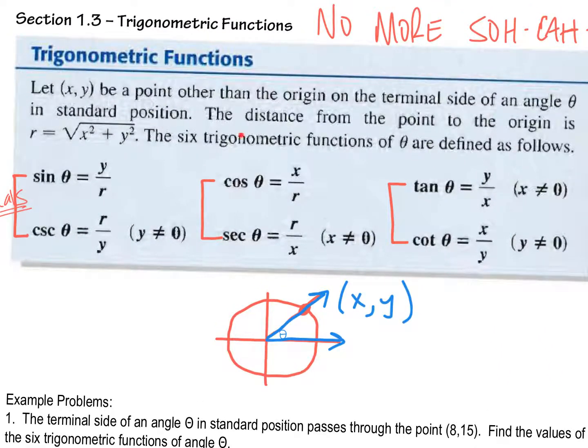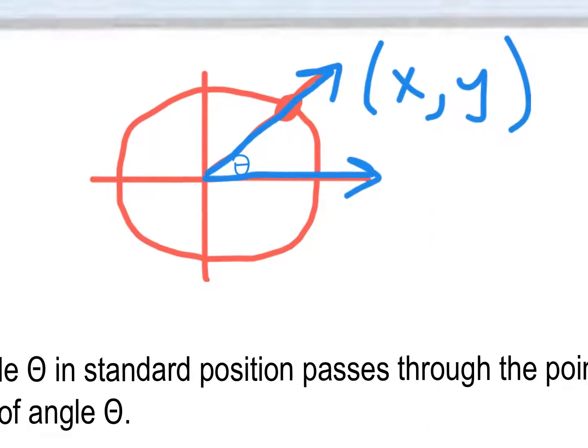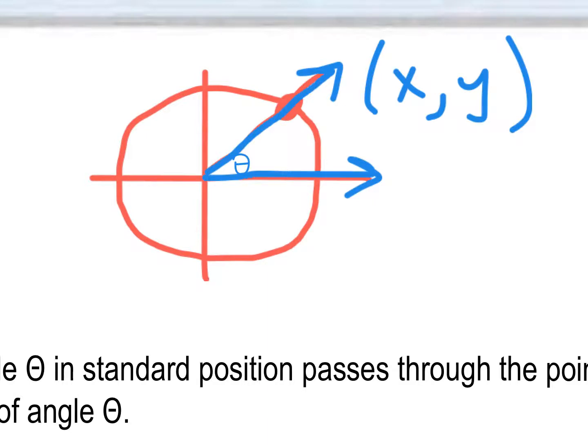Math definitions are a little bit crazy looking sometimes, but let me explain what those words mean. If we were to make a triangle out of this angle, which is in standard position, meaning the initial side is on the positive x-axis and the terminal side is there, which I have in blue, and here's my x, y value. We don't know what the numbers are, but they could be anything. x and y are both positive in this case because we're in quadrant 1.